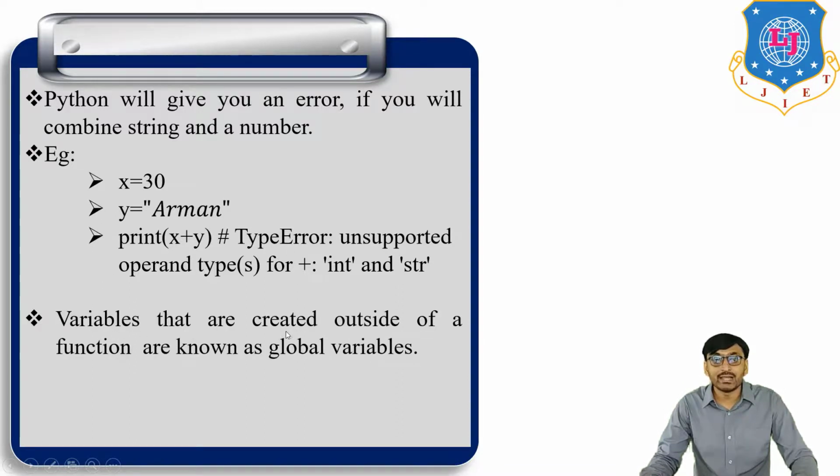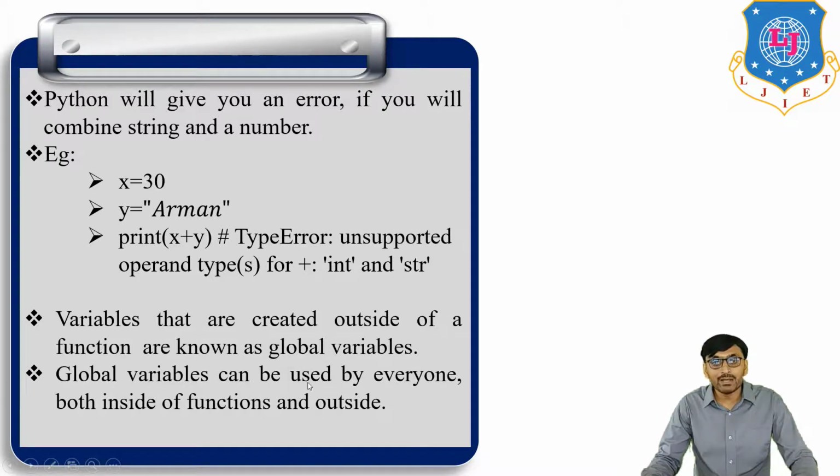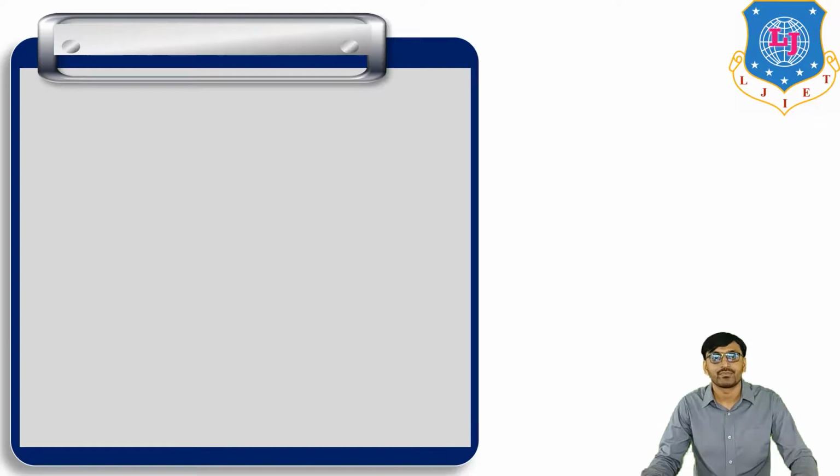Then variables that are created outside of a function are known as global variables. Global variables can be used by everyone, both inside of a function and outside of a function. For example, y is equal to fast. This is a global variable.